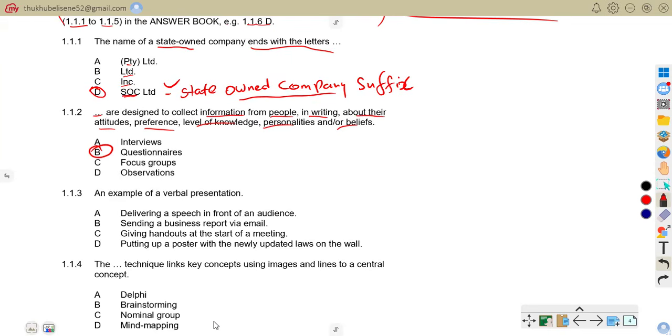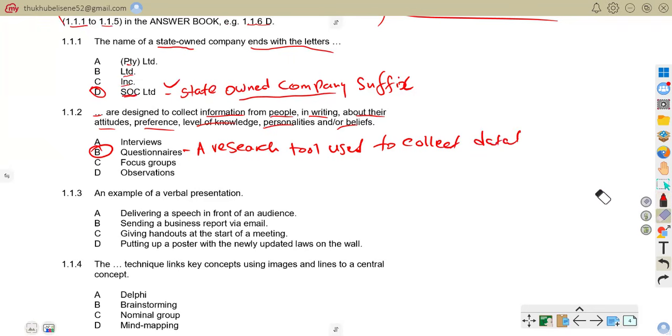Questionnaires. A questionnaire is what? That is a research tool used to collect data. It is used to collect what?